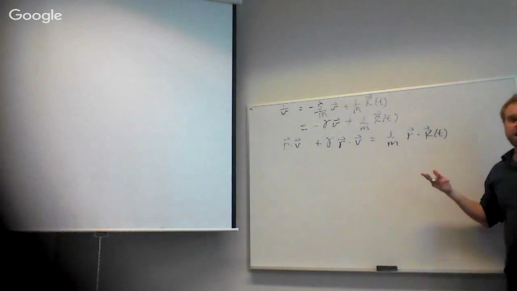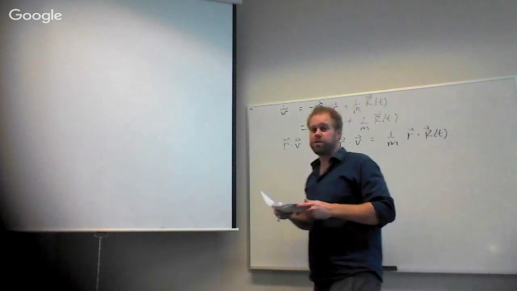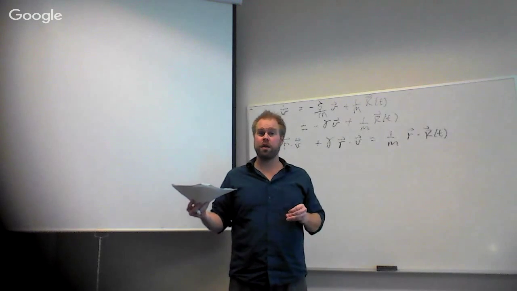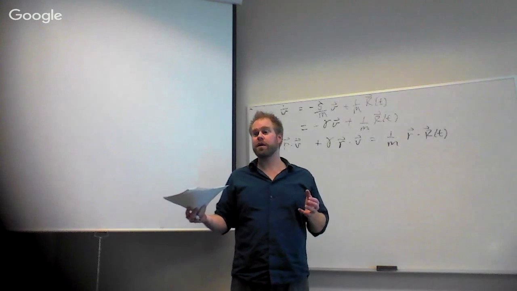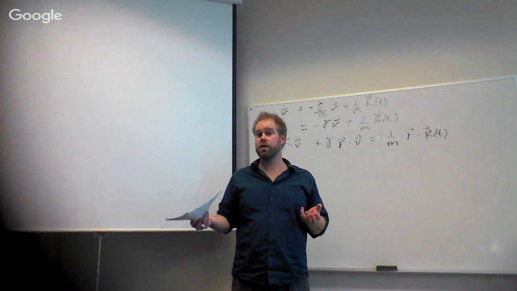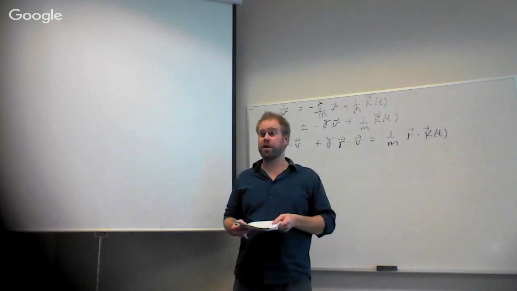At any point in time, R could be some number. We have no way of knowing. But we might know something about the character of this noise on average. So let's just take the average of everything.